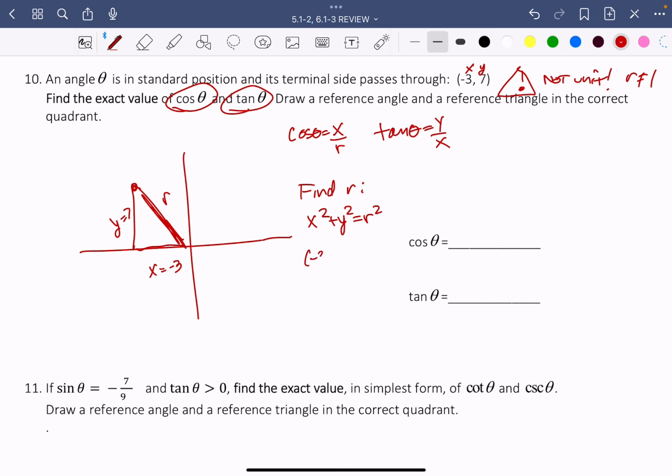So x squared is negative 3 squared, y squared is 7 squared, and r squared is I don't know. So this is 49 plus 9 is equal to r squared. So 58 is r squared. That means r is plus or minus the square root of 58. And because the radius is always positive, we just take the positive value. So r is the square root of 58.